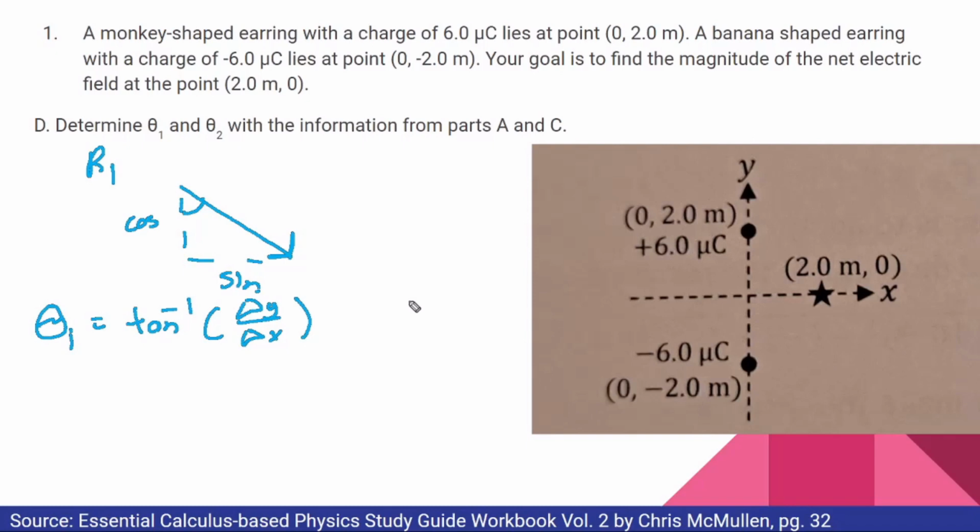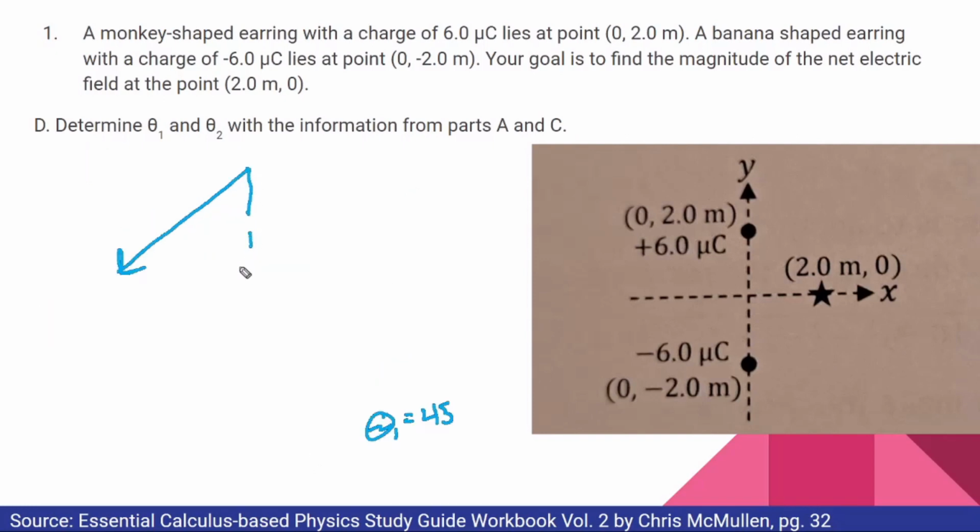Since we know our change in y is 2 and our change in x is also 2, we are going to be plugging in tan of -1 of 1, which, make sure your calculator is set in degree mode, gets us 45 degrees.